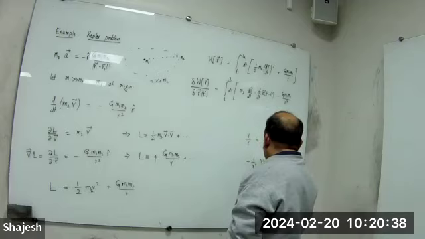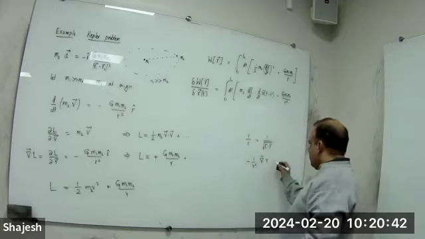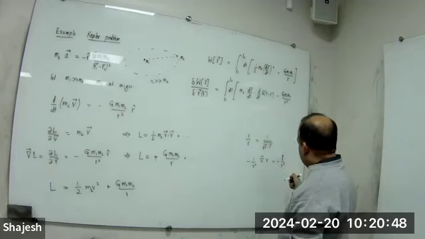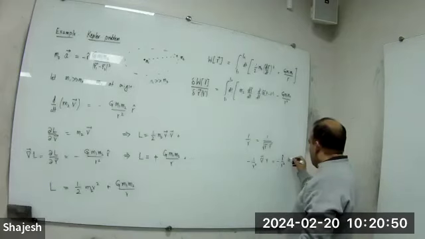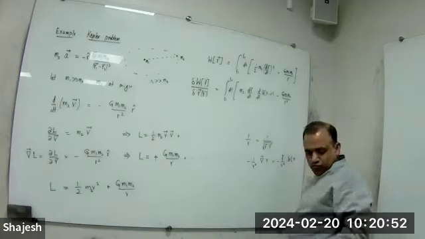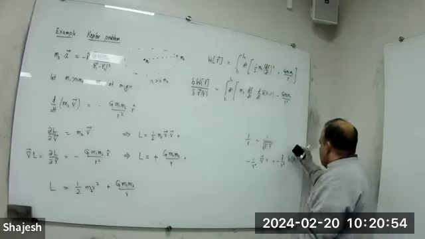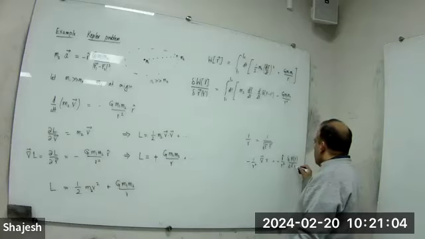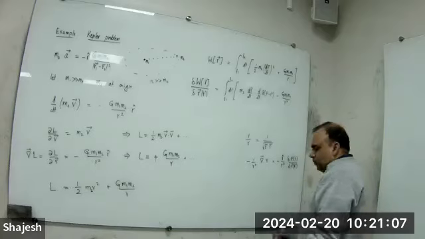And then I have to do a gradient of r. And that gives me r hat. So this is minus 1 over r squared times r hat. And then comes the variation in r itself. Or variation in r at t prime, with a delta of t minus t prime.